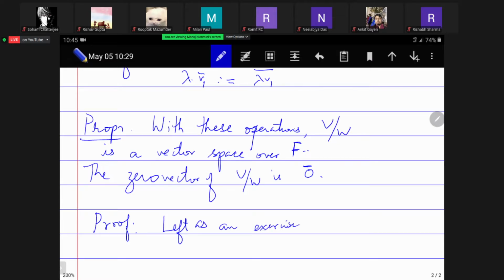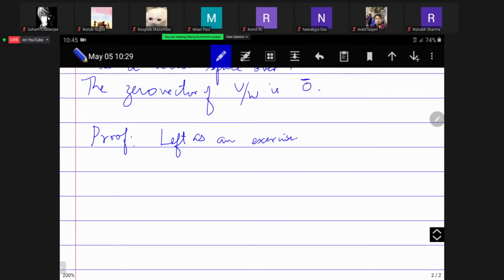Now let us look at some examples, and then I want to make some remarks as to why such a definition is really necessary, and not things that we have already seen.